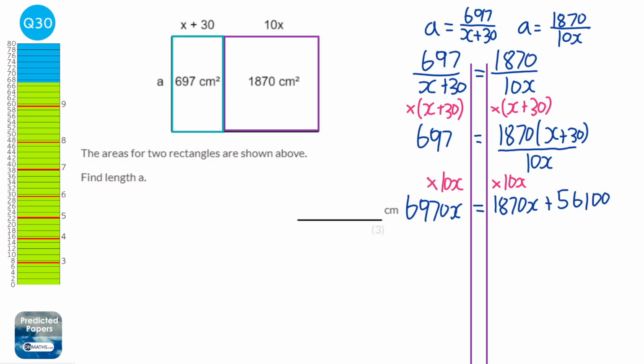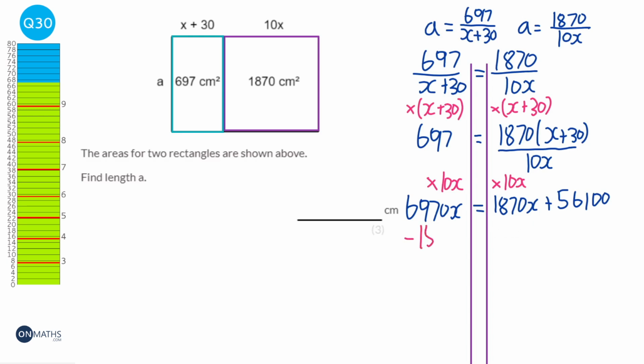Yep. Okay, so now we've got x's on both sides. So we look and see which one is the smaller amount of x, which is the 1870, and we're going to take that away from both sides.